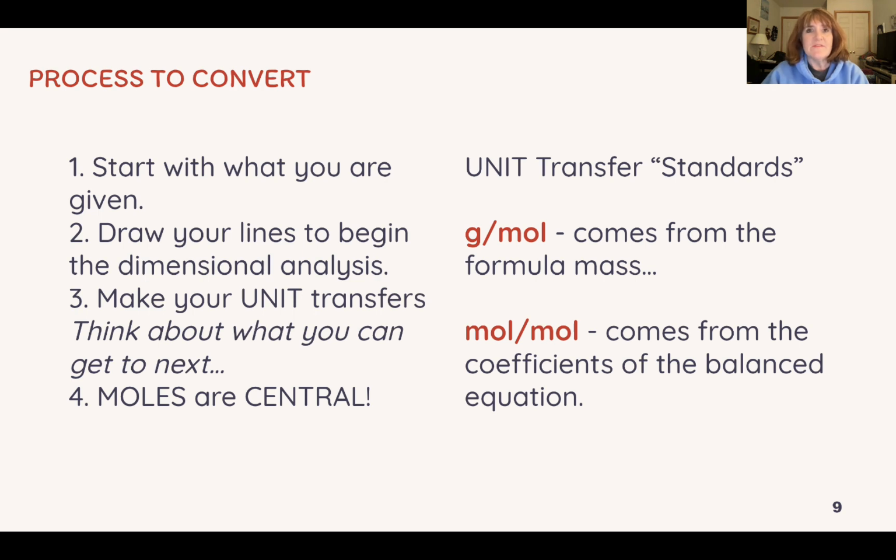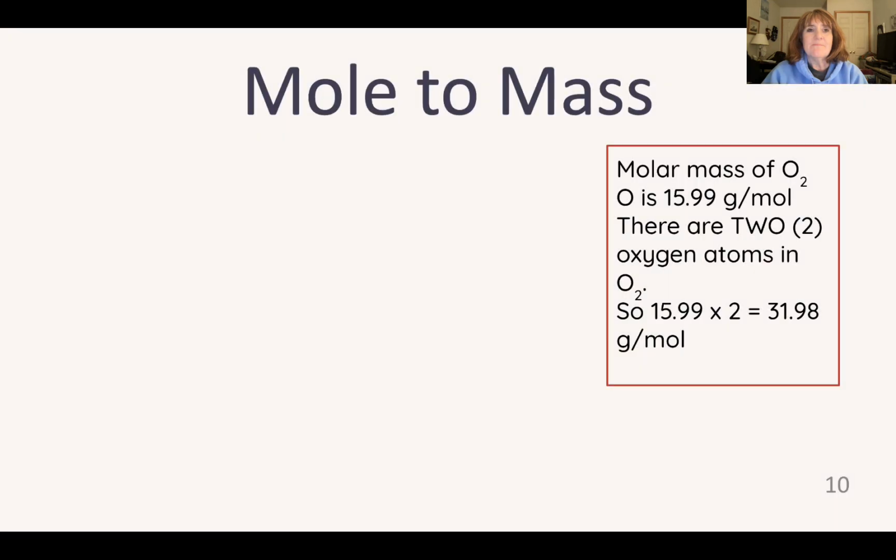Always start with what you're given. And then you do the dimensional analysis and make your units transfer first, then fill in your corresponding numbers with those units. And always remember that moles are central. Everything will go through moles at some point in time.